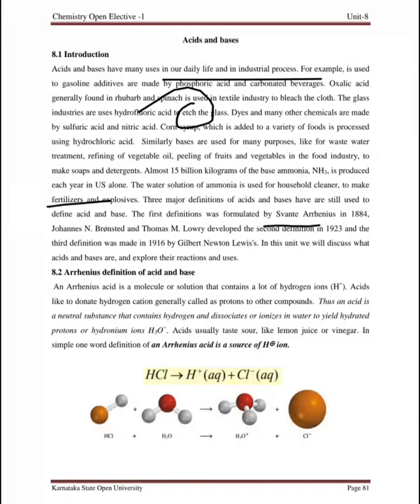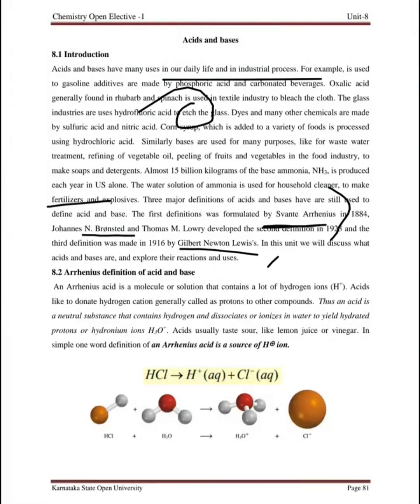First is the Arrhenius theory, second is the Brønsted theory, given by Johannes Brønsted, and third is the Lewis theory, given by Gilbert Newton Lewis. We are going to study these three theories in this unit.